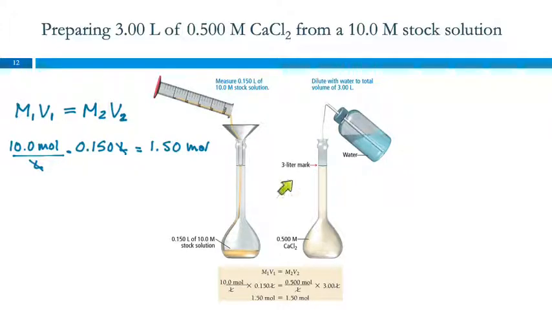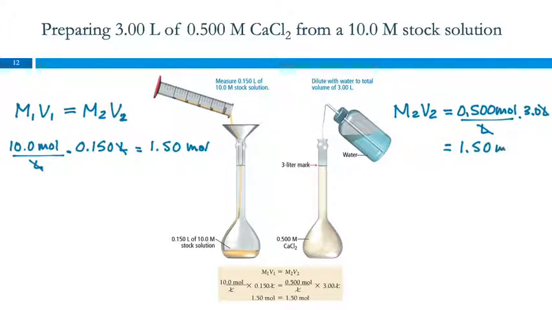And over here, I'm going to end up with 3 liters of 0.5 molar solution. We're calling that solution 2. So the molarity of solution 2 is 0.500 moles per liter. And, well, let's be consistent here. We've got 3 liters of that. So the liters cancel. 0.5 times 3 is 1.50 moles.